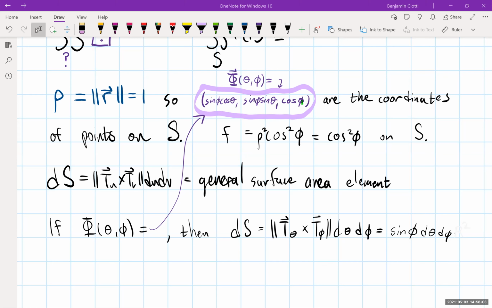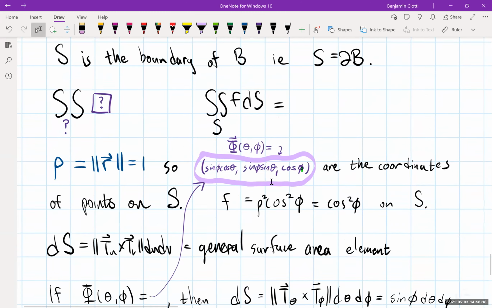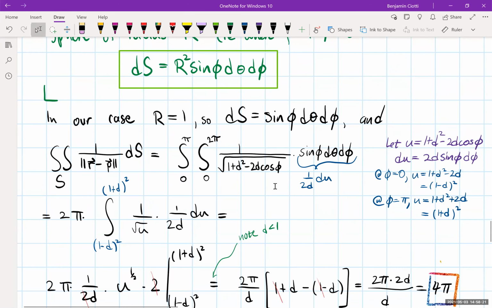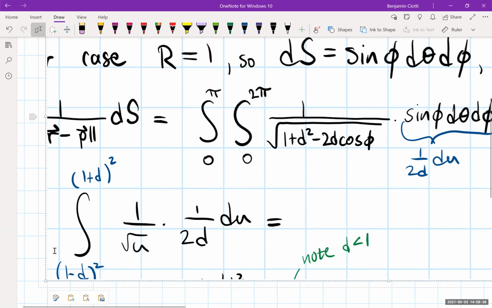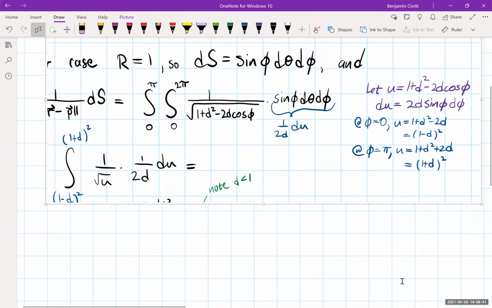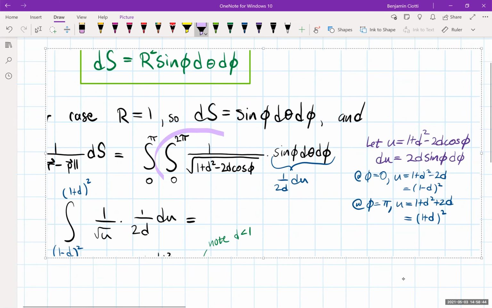Can I ask a question about the previous example? Mhm. Can you clarify how you got the u and the du? Right here? Yeah. So my challenge there was to integrate this thing.